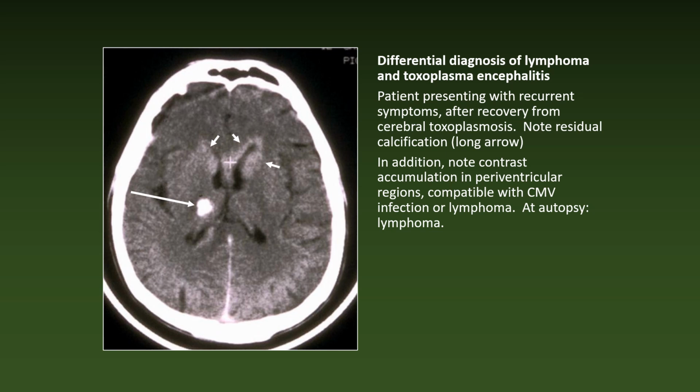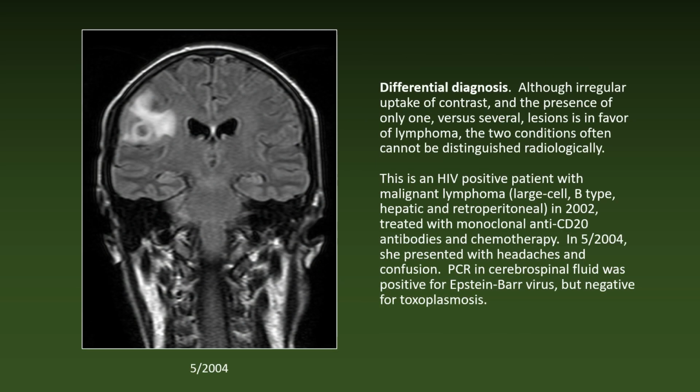At autopsy, lymphoma was found. Although irregular uptake of contrast and the presence of only one versus several lesions is in favor of lymphoma, the two conditions often cannot be distinguished radiologically.